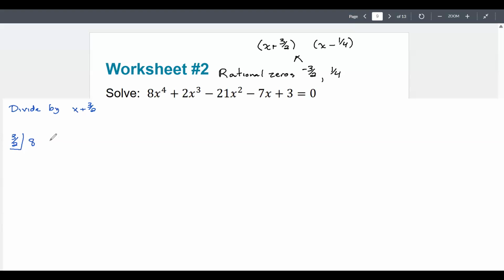And we have 8, -21, -7, and 3. So we're going to drop that 8 first. So 8 times 3/2 is going to be 12. 12 times 2 is 14. 14 times 3/2 is going to be 21. So we get a 0 here. Then we're going to be left with the 3/2.